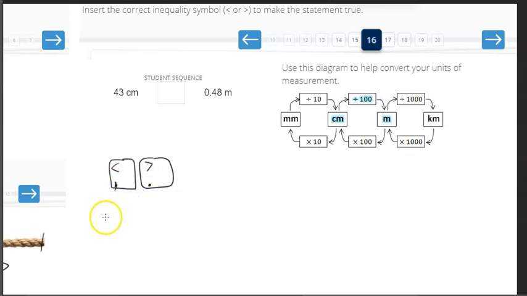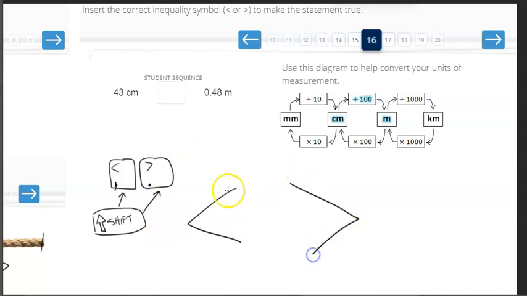We need to make sure that we're holding the Shift button in conjunction with whichever button we want, less than or greater than. Remember, with these two symbols, I always picture the alligator teeth on both of them, and the alligator teeth will always eat the biggest number.